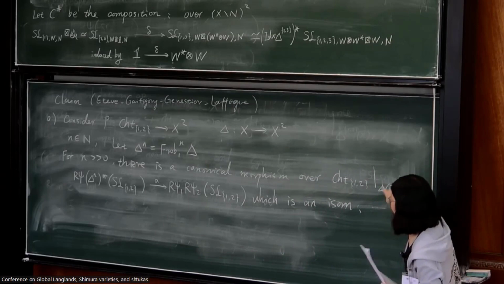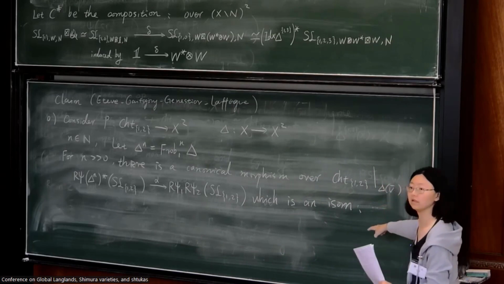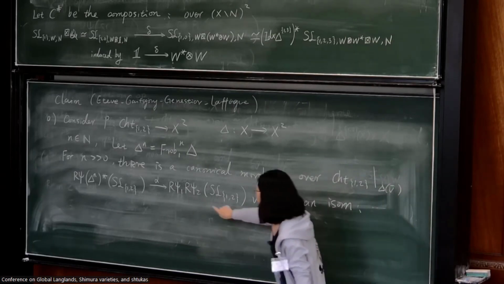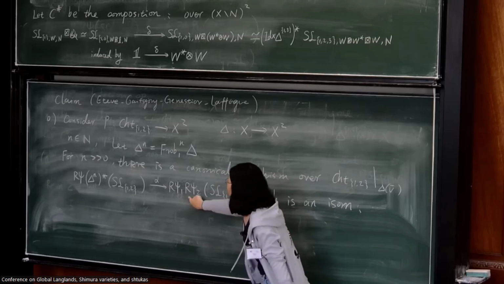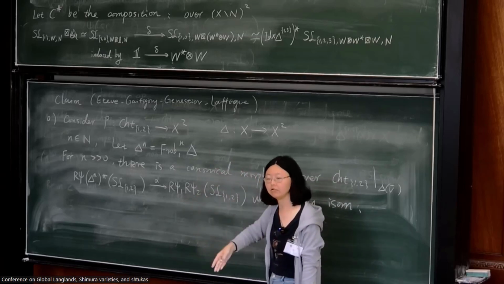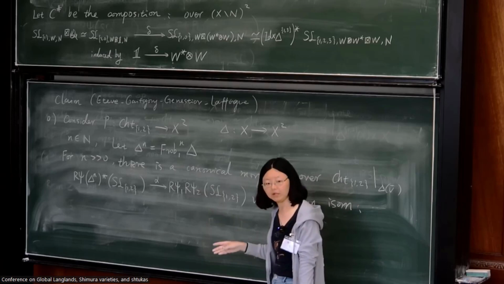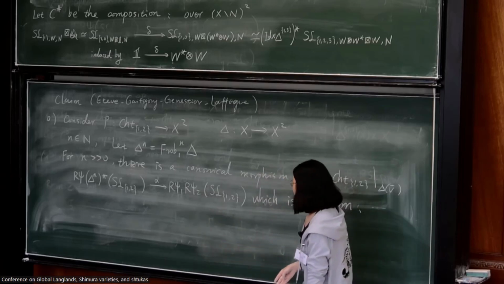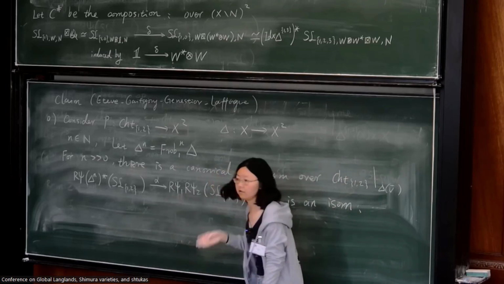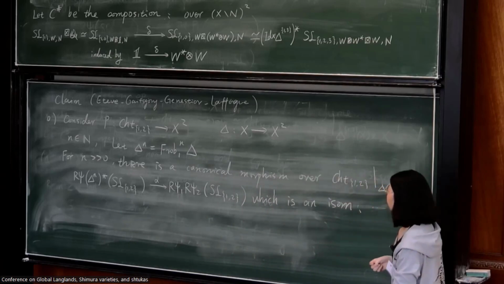So this is the first step of the claim, where the XC2 is defined by projecting everything to the second copy of the curve, and XC1 is projecting everything to the first copy of the curve.